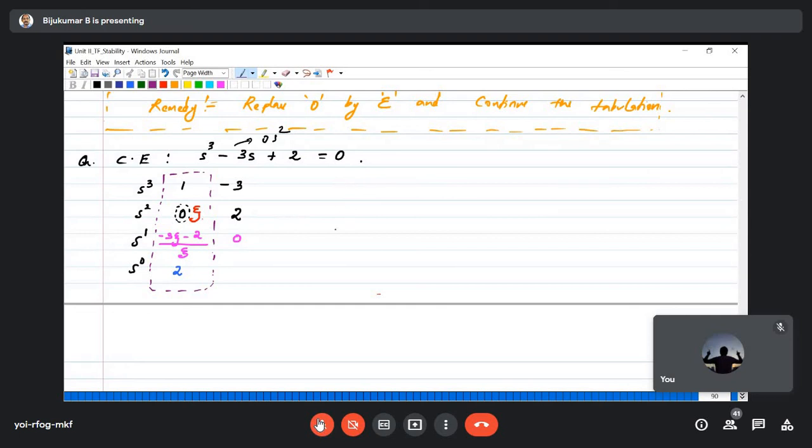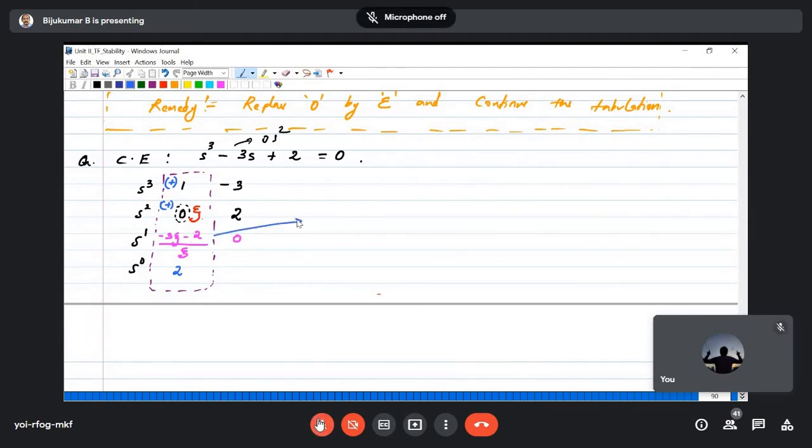Epsilon is a positive number. We'll assume it as positive. This is positive. This is positive. What about this term? Negative, right?